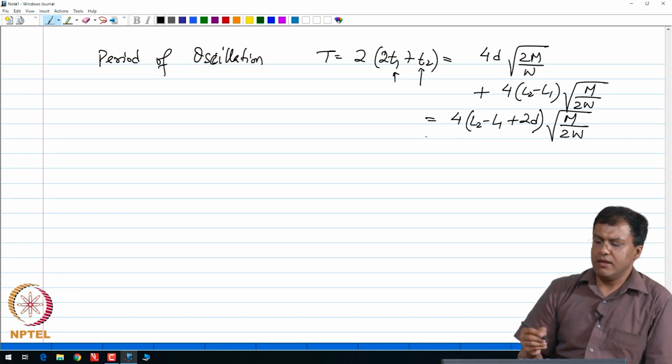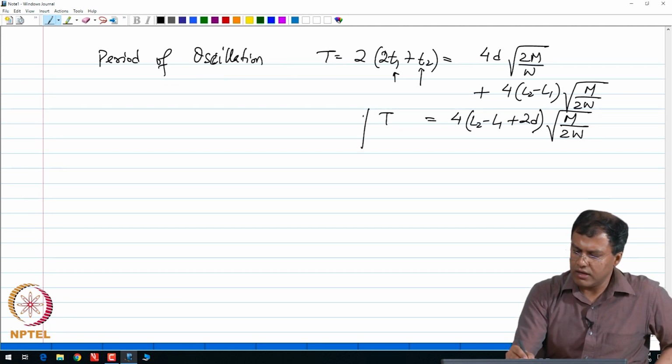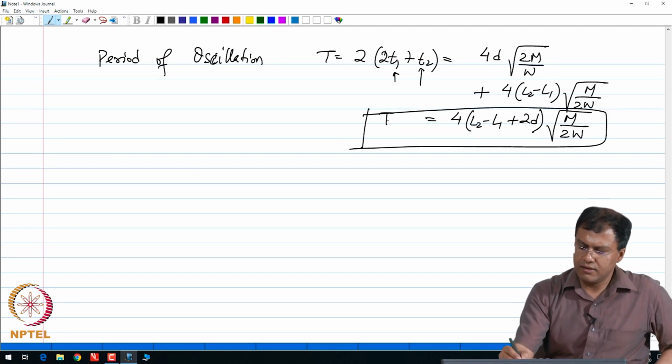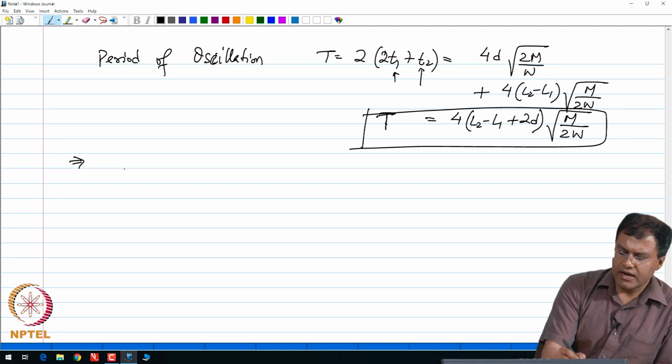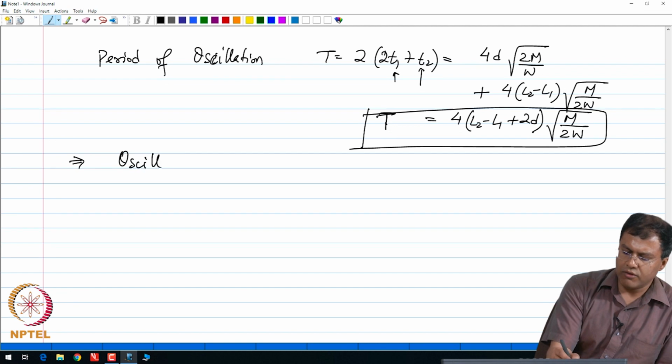So, that is my period T of oscillations, and in this case let me finally write down the oscillatory frequency.